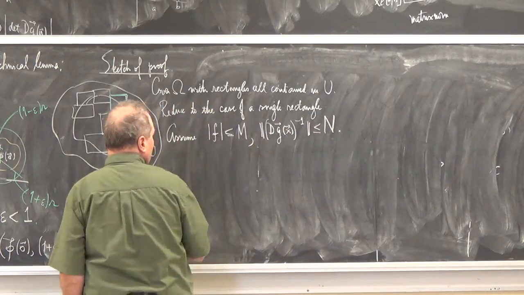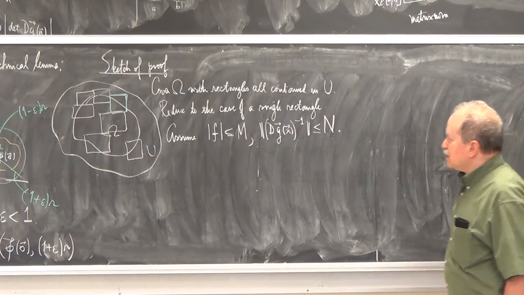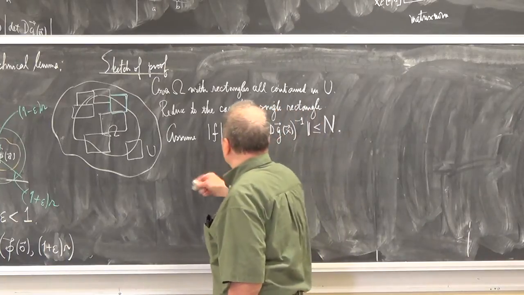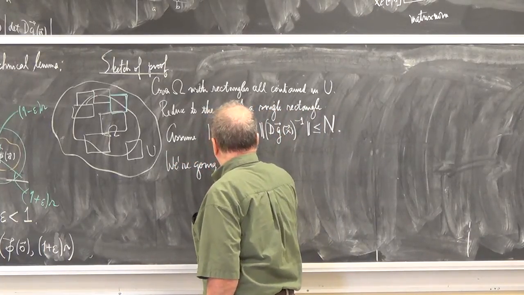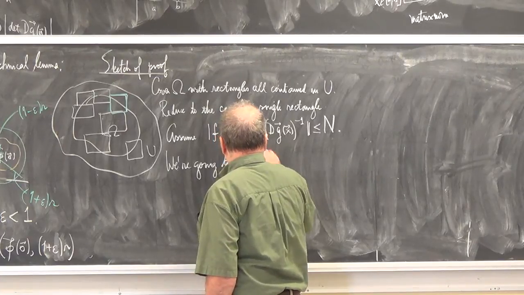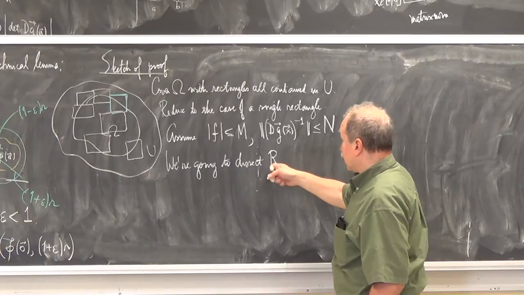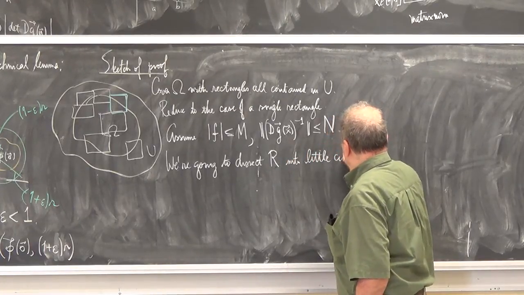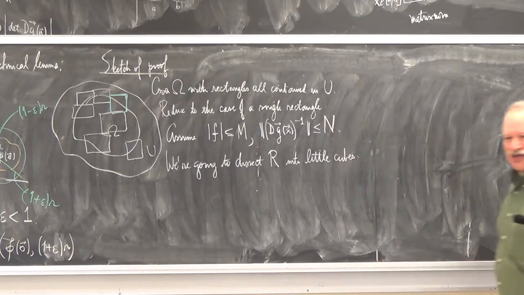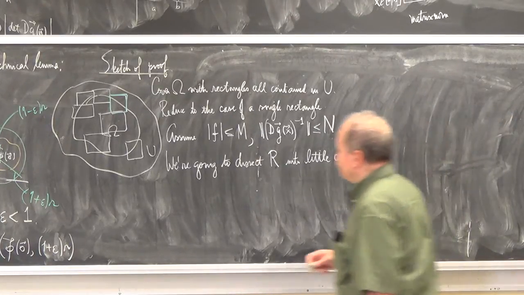Here we go. We're going to try to now choose some size of cubes, so we're going to try to dissect our region R, our rectangle R now, into little cubes. And I want to control a bunch of things with the size of my cubes.